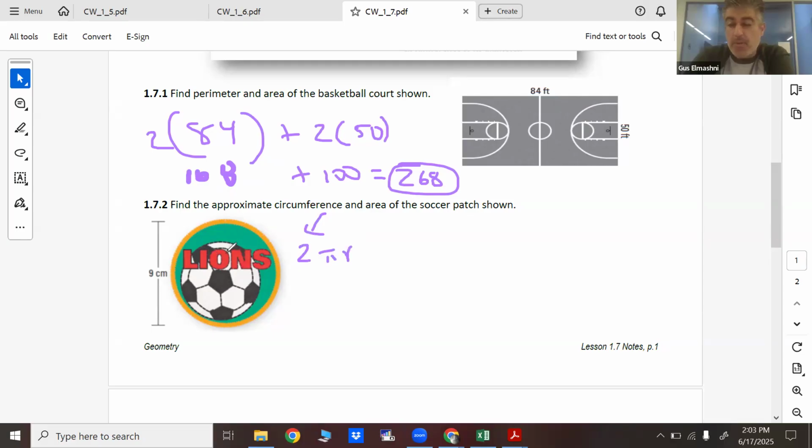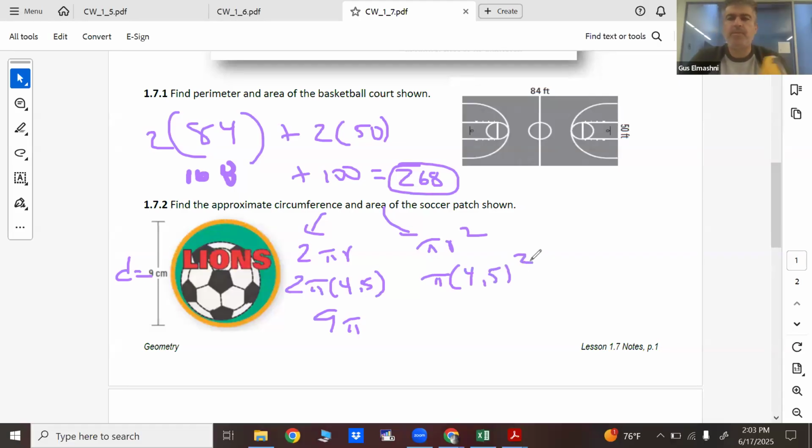So since the diameter is 9, the radius is 4.5. Or you do pi times d, same thing, instead of doing the 2 pi r. You get 9 pi. Area is pi r squared. So always a squared unit when we're doing area. Where r is 4.5, which is 20.25 pi.